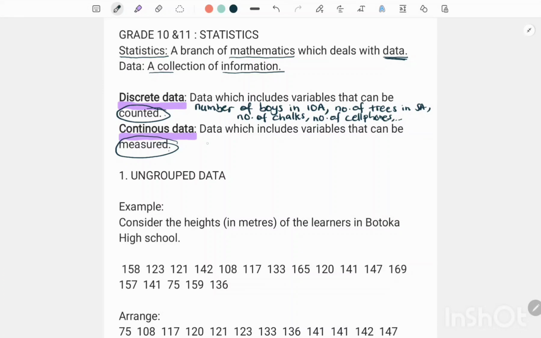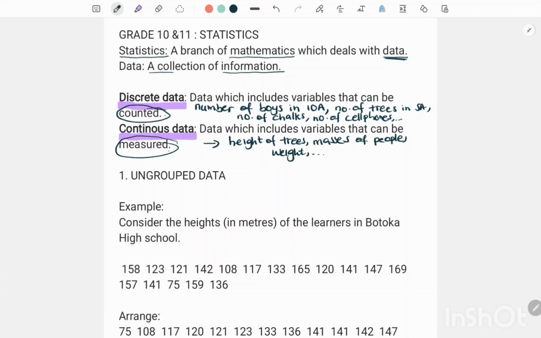Then for a continuous data, we can measure height. So the height of trees at the park, the masses of people, the weight of cars, and so on.